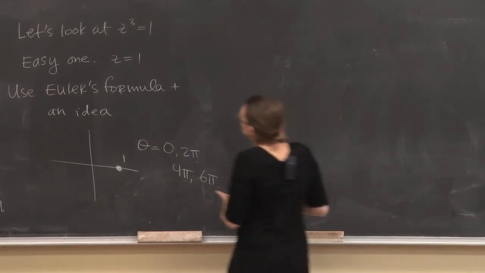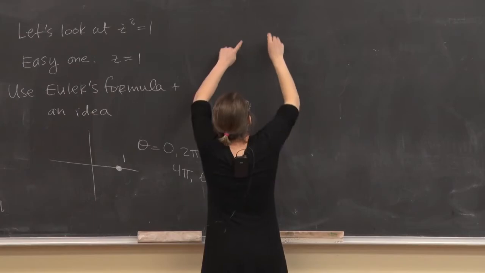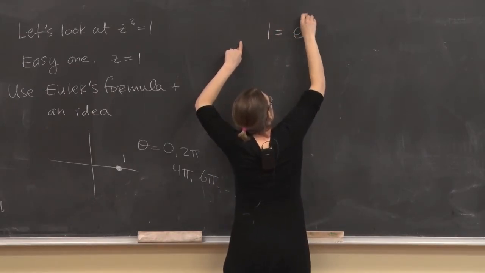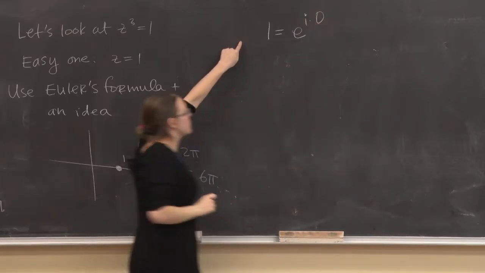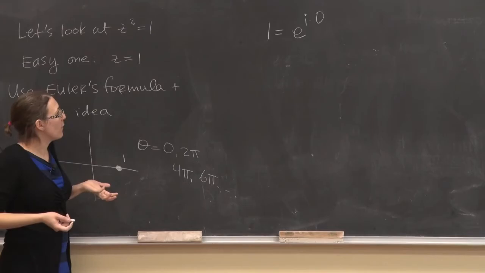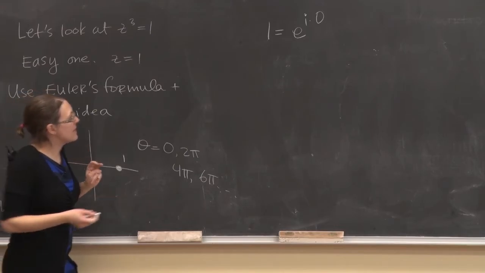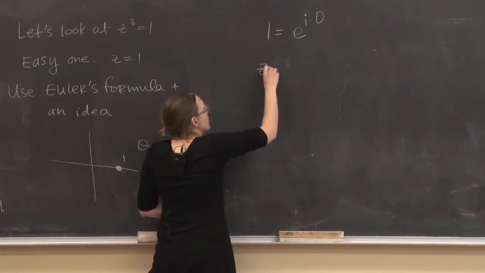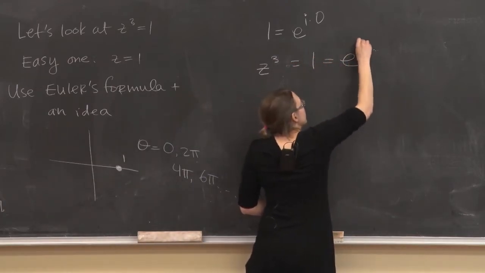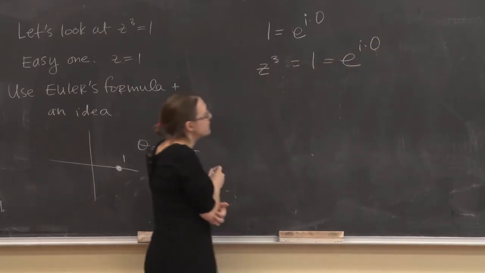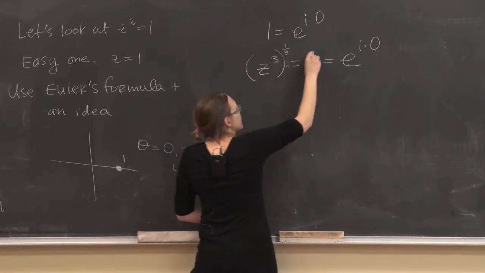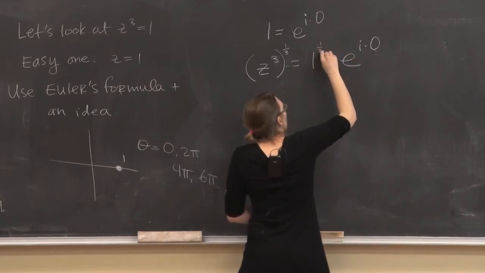So if I write 1 is equal to e to the i times 0, and then I want to solve z cubed is equal to 1 is equal to e to the i times 0, one way I can do this is raise both sides to the 1/3.